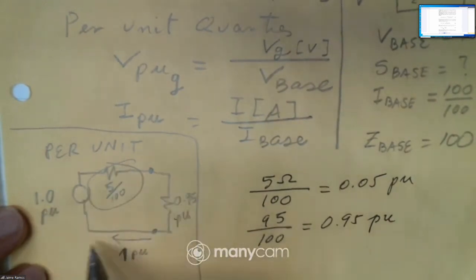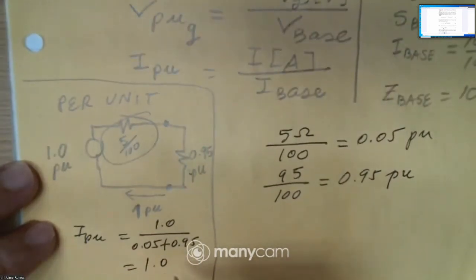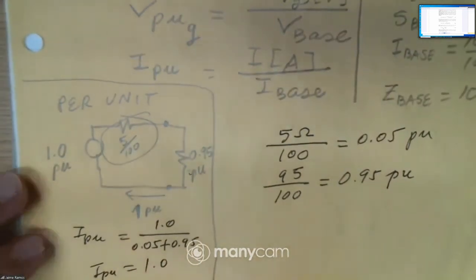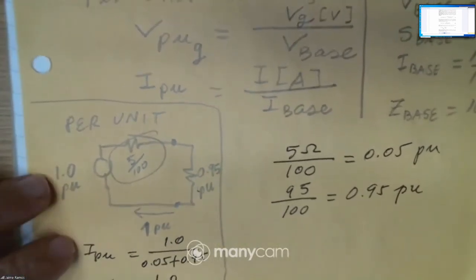So now we can apply Ohm's law here. I per unit equals 1 over 0.05 plus 0.95 equals 1. Okay, so far this looks artificial, but hold on. It's going to have advantages.